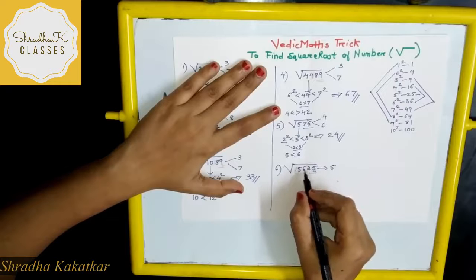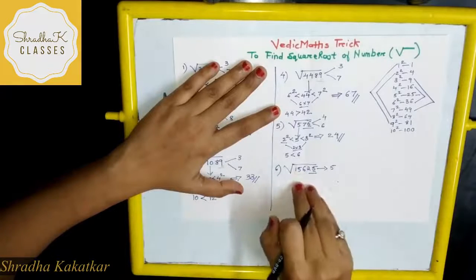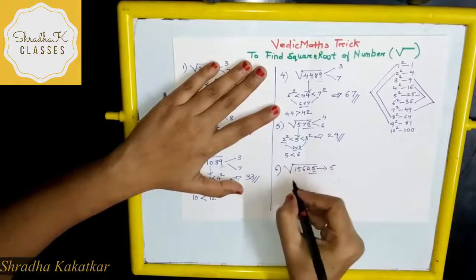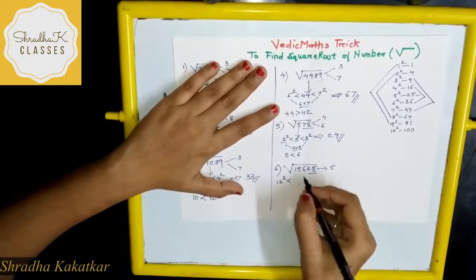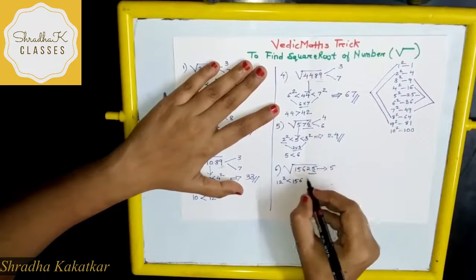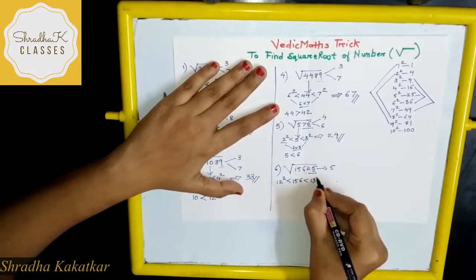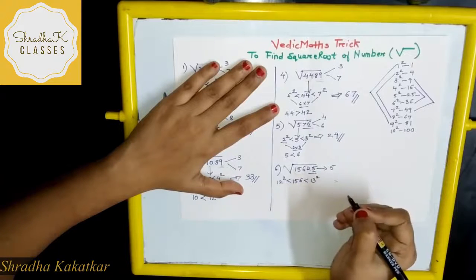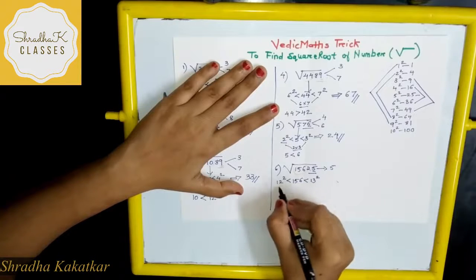Now we have to see which square of which number is less and greater than this. So I will write 12 square is less than 156 and 13 square is greater than 156. Now you got the first number.